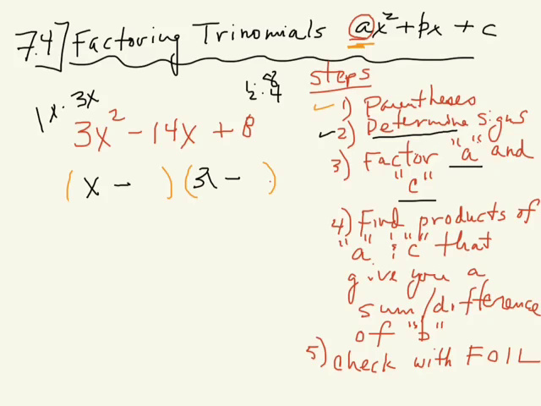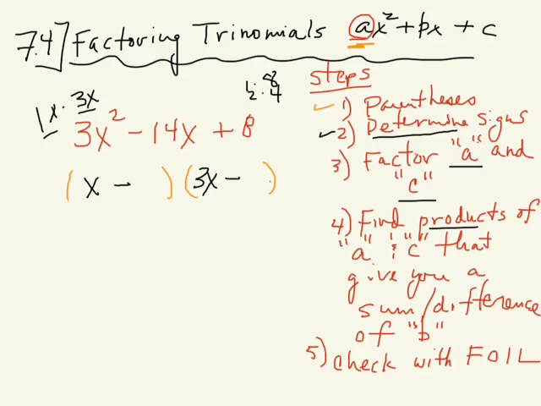If this thing factors, sometimes they won't. So what you have to do is find a combination of products between A's factors and C's factors that, when you multiply them up, and since signs are the same, give you a sum of 14.